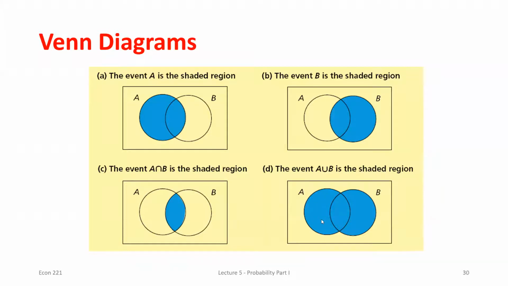So it could be in A, but not in B, which is kind of like this half crescent moon here, right? These are all the outcomes that are in event A, but not in event B. Here, this other crescent moon, it's like backwards, but everything that's in event B, but not in A. And then where they overlap, everything that's in both of them, right?